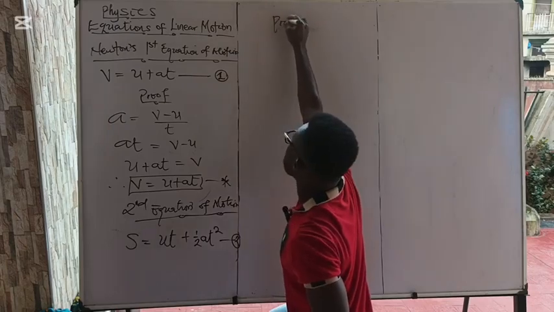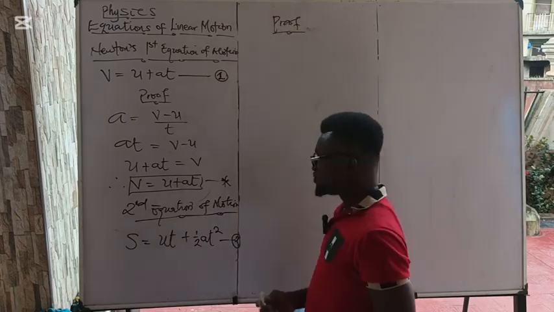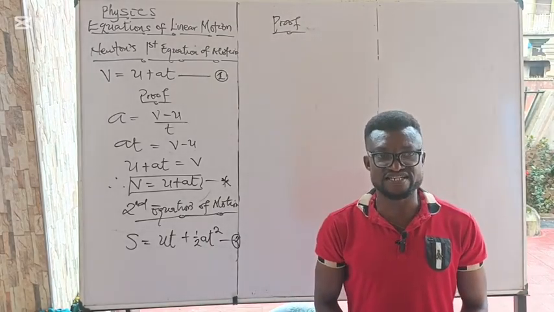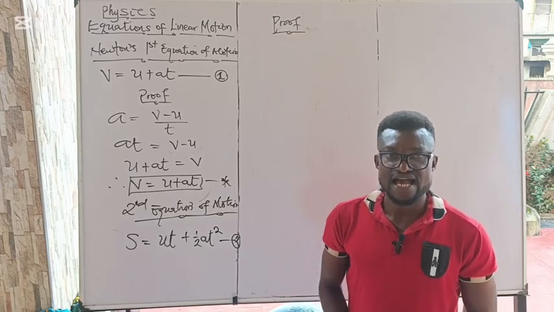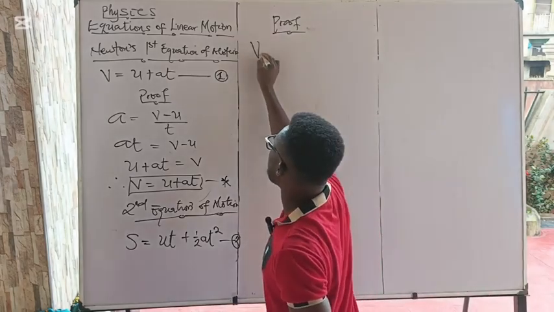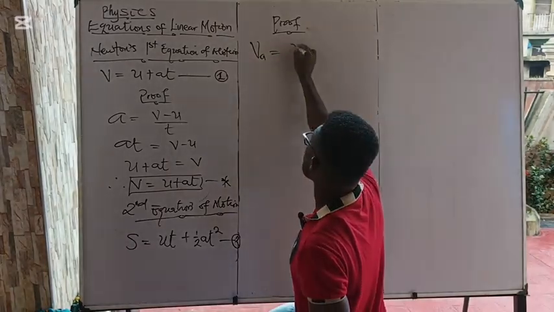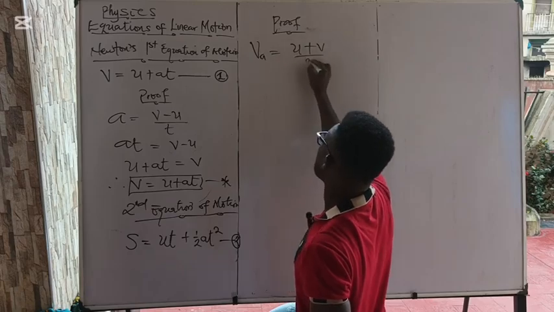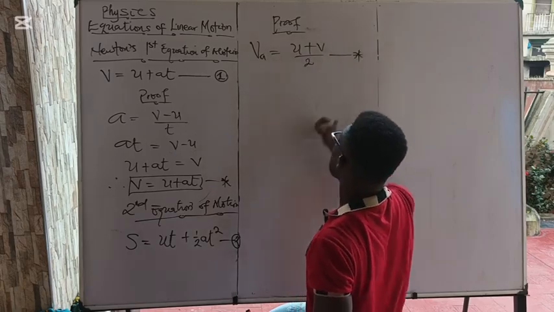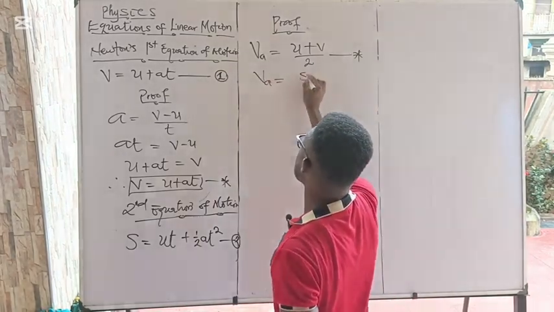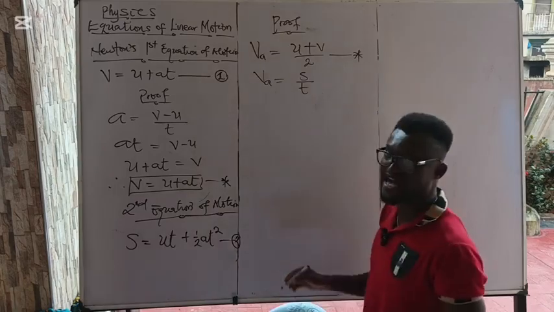Now this can be proved. To prove this, you remember the formula I gave under average velocity in our previous class. I gave you two formulas for average velocity. That average velocity is initial velocity plus final velocity over 2. Also, I gave a formula of average velocity that is the total distance over time.